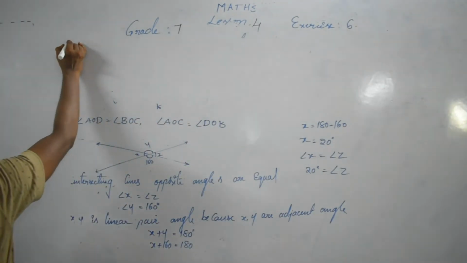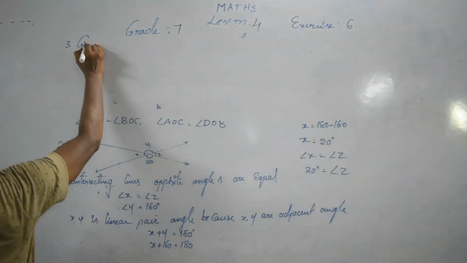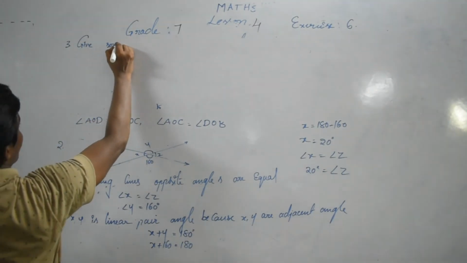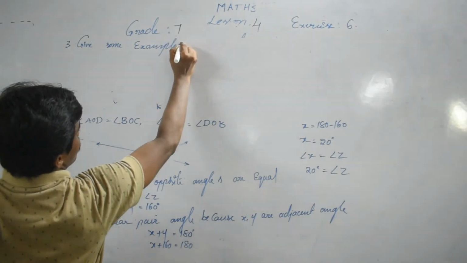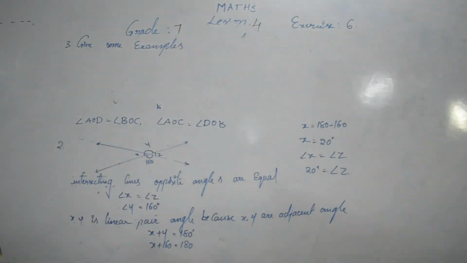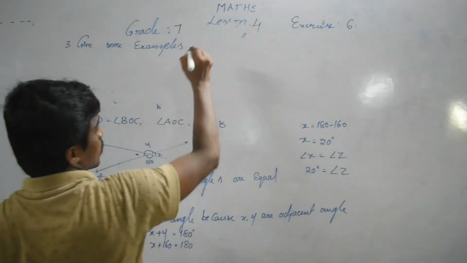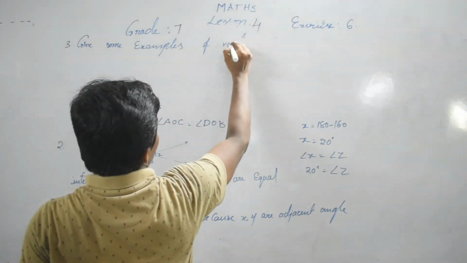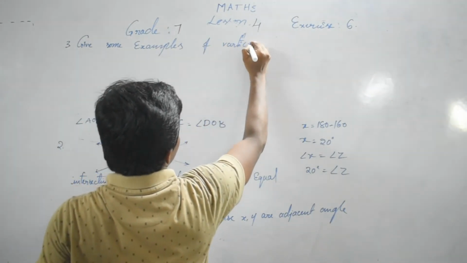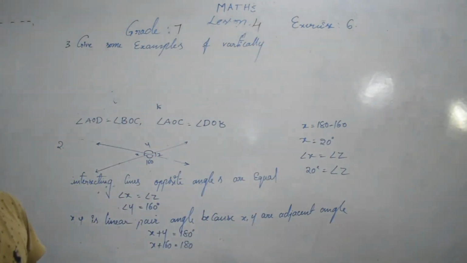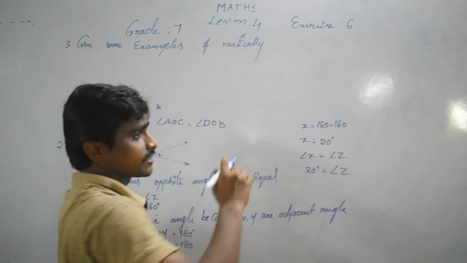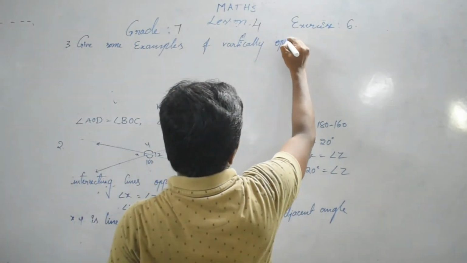Third one, give some examples of vertically opposite angles in your surroundings.